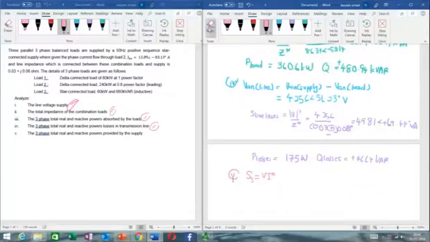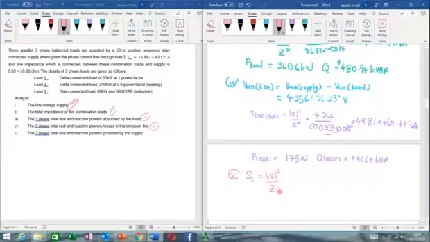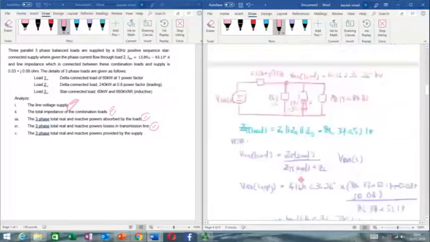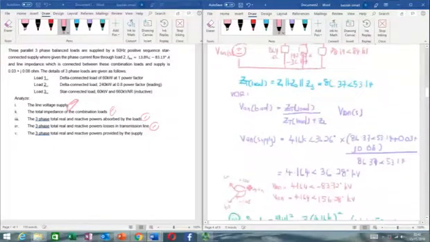Okay, so this one is V squared over Z conjugate. This one should be Z total. So V squared should be V supply.